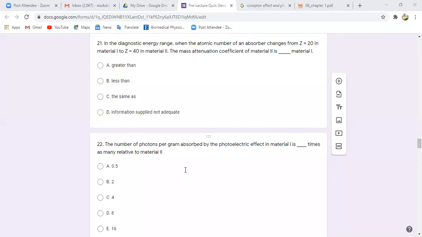Let me continue with sharing. So the number of photons per gram of the photoelectric effect in material 1 is 8 times as many relative to that of material 2.